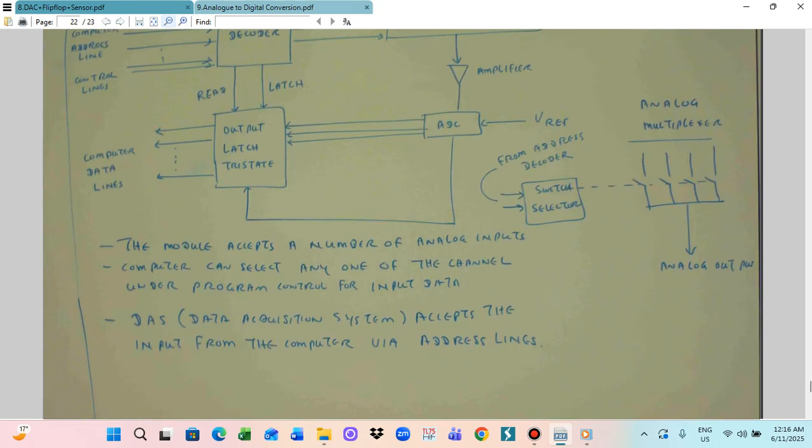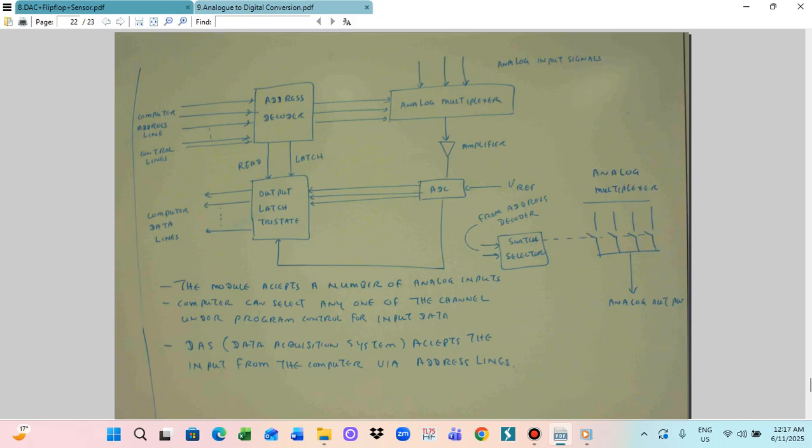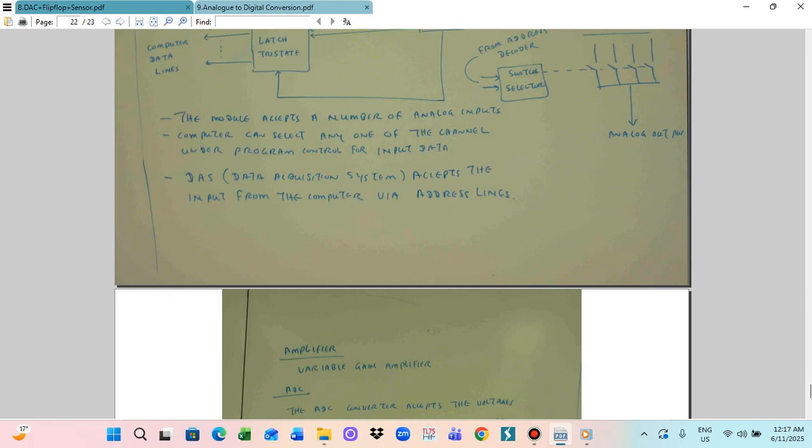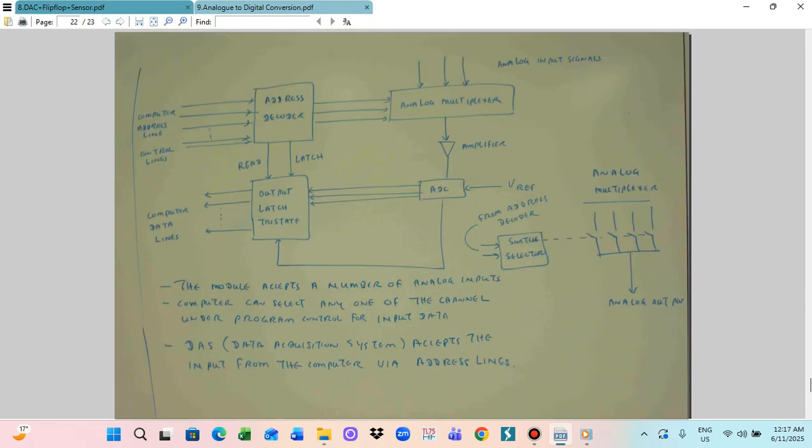The analog multiplexer is called a starter switch. Those switches control the binary output, so this is the analog output. Those switches are controlled by the data selector, the switch selector.